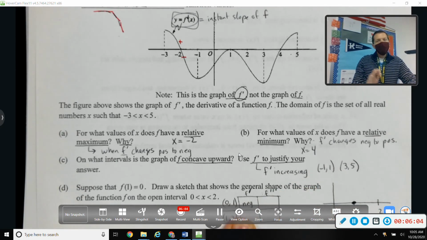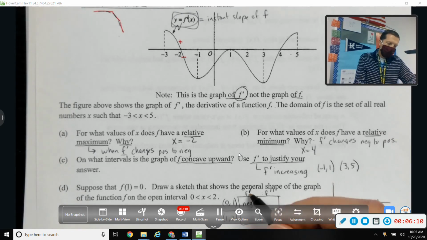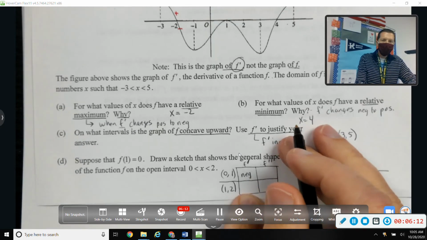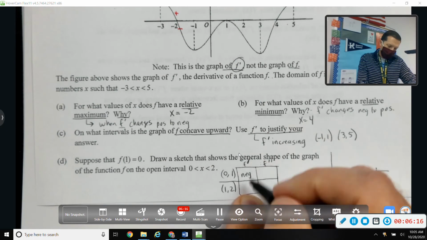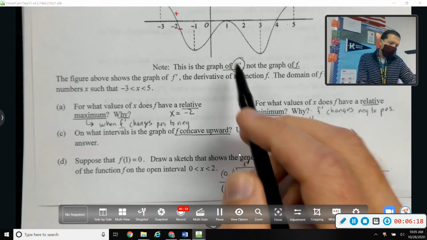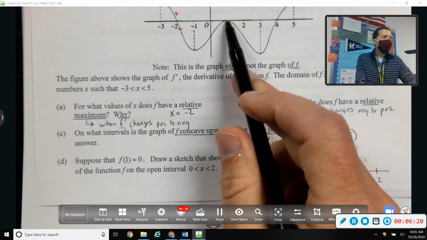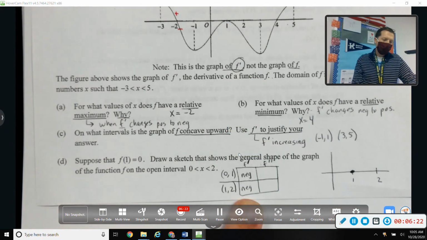I mean, it's increasing, but it's negative. Let's stay with the f prime and do 1 to 2. So how about 1 to 2? Also negative. This is the graph of f prime. The graph is negative, so f prime is negative.